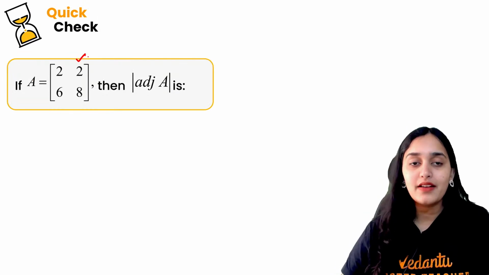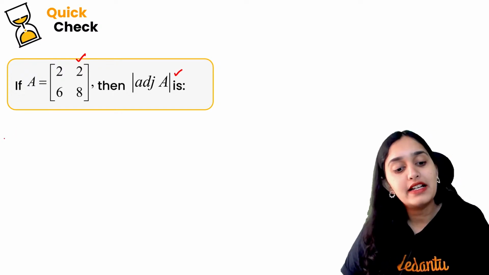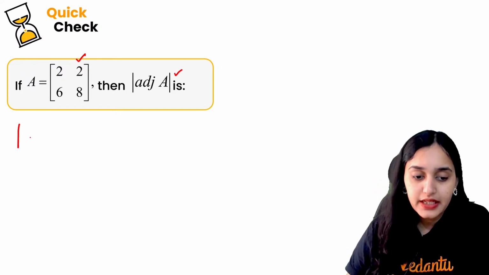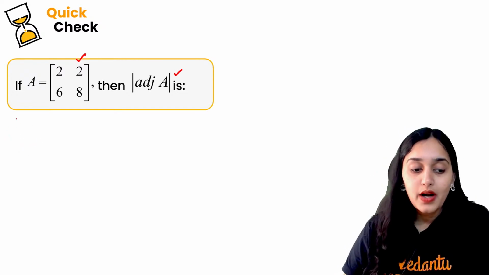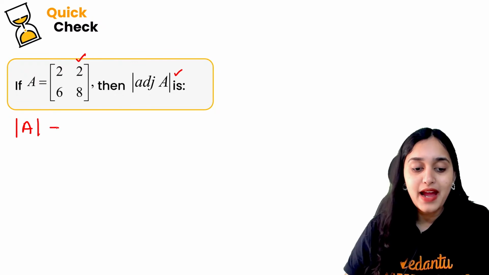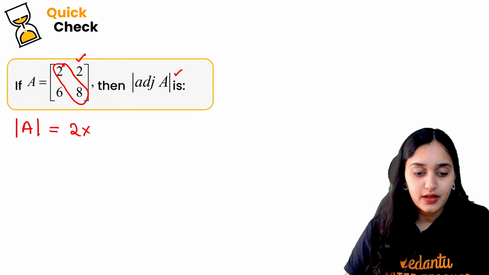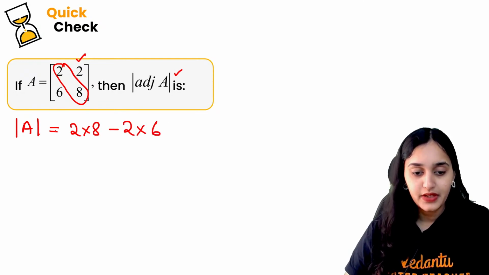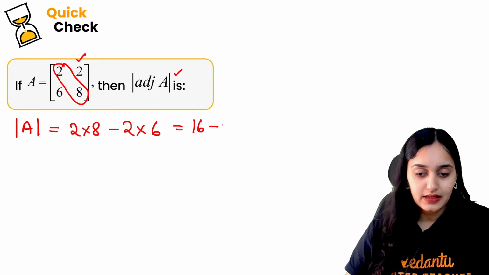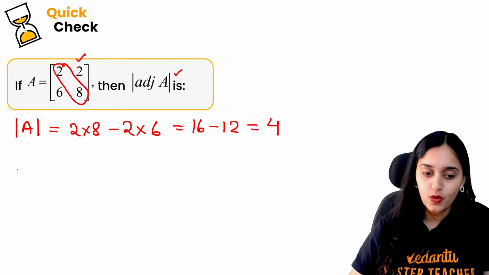If your A matrix is given, what is the determinant of adjoint of A? First of all, we will find out what is the determinant of the A matrix. Determinant of the A matrix is 2 into 8 minus 2 into 6. 8 twos are 16, 6 twos are 12. So this is 4.